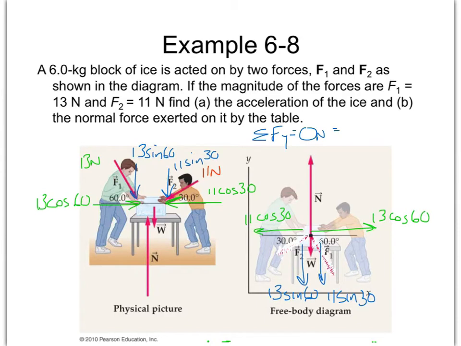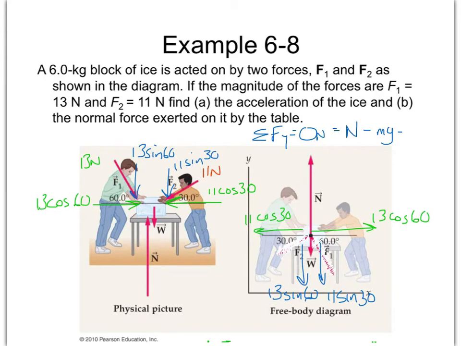What's a positive force in the y direction? Well, the normal force. We don't know what that is yet, but we know that it's a force applied by the table. And we also know that there is a downward force, the weight force, which we're going to call mg, the mass of the ice block times gravity.